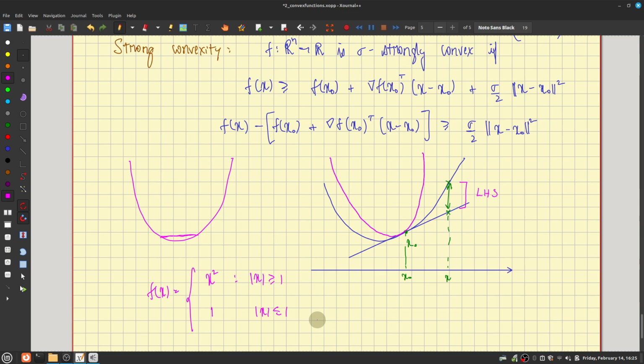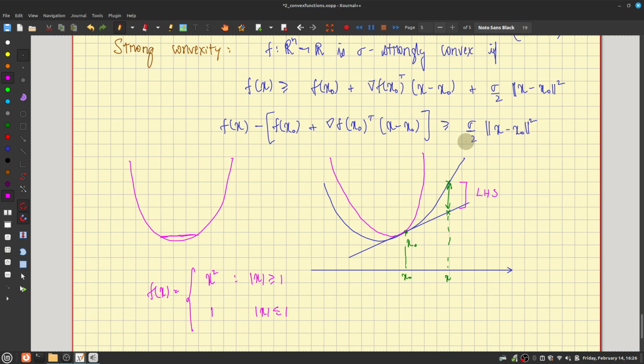Now, if you take an algorithm that behaves something like gradient descent, then if you take any point, and let us say you move in the direction of the negative gradient by some amount delta, then visually you see that the function value decreases at a faster rate. So there is a high chance of finding the minimum much faster if sigma is large. That's why strong convexity is a helpful notion.